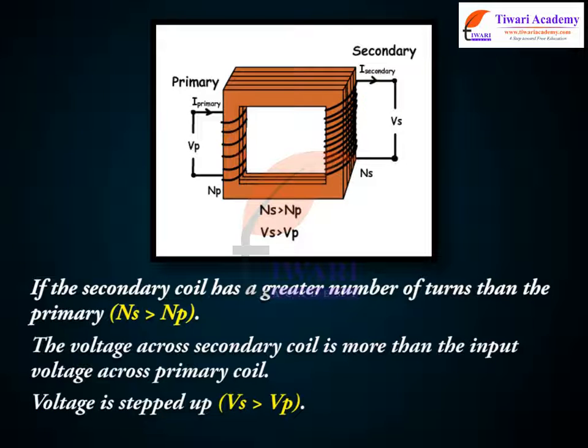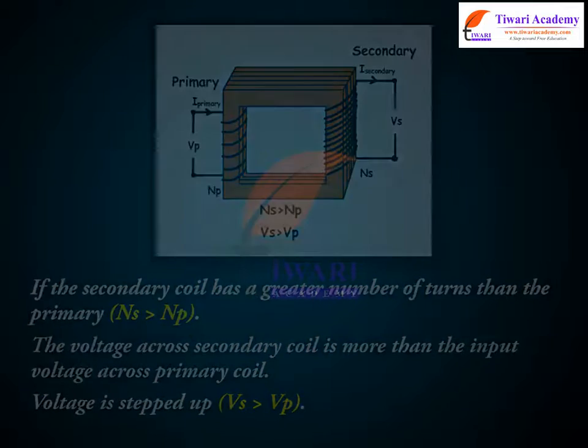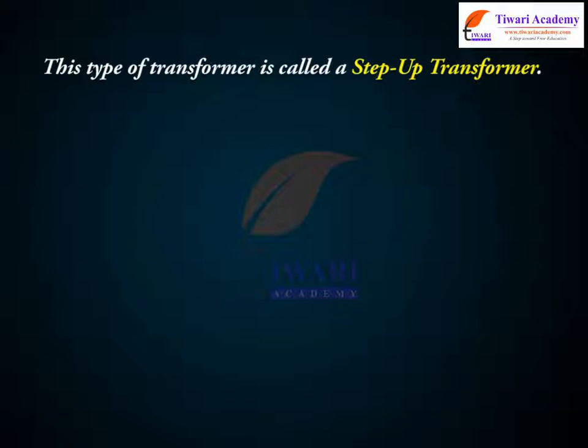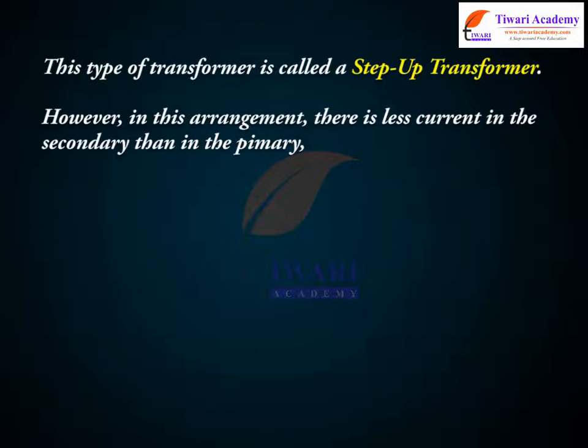Voltage is stepped up, Vs greater than Vp. This type of transformer is called a step-up transformer. However, in this arrangement, there is less current in the secondary than in the primary. That is, Is is less than Ip.